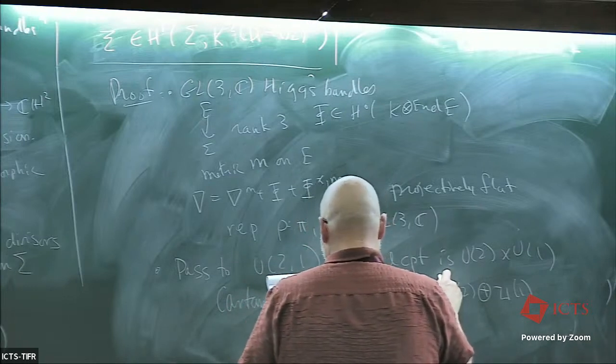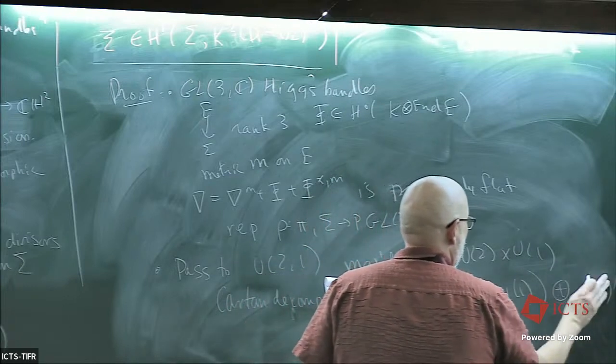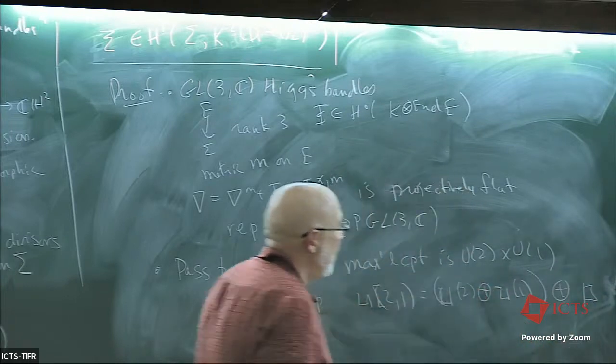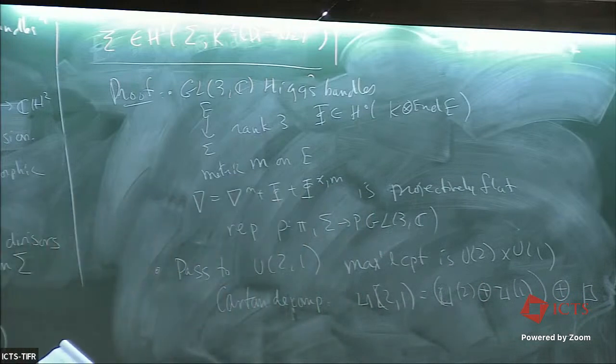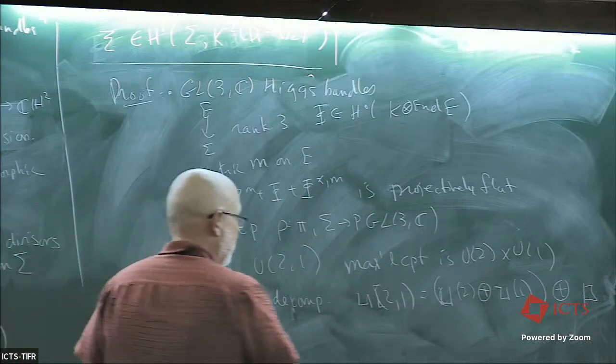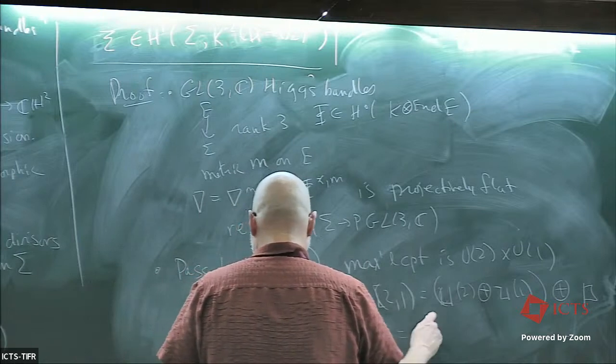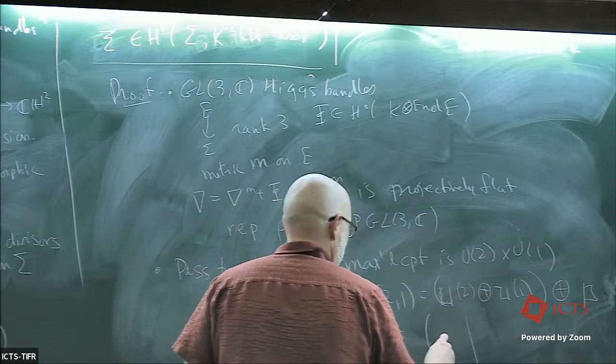So we have this Lie algebra plus the part P, which is orthogonal with respect to the Killing form. So P is going to be the following.